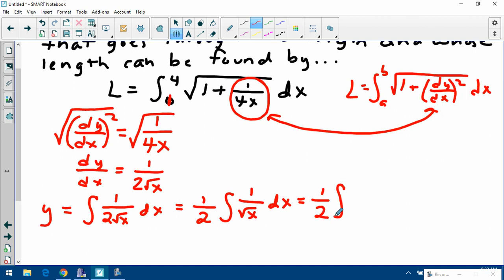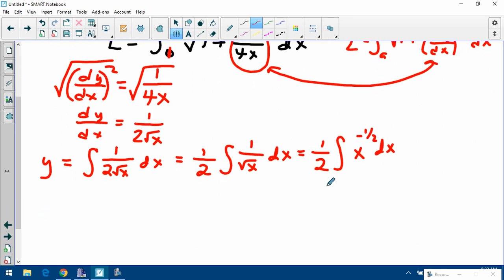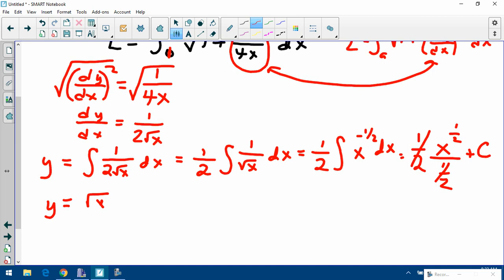So 1 over radical x is the same as x to the negative 1/2 dx, which would be 1/2 x to the positive 1/2 over 1/2, which is going to cancel that out right away. What did I forget though? Plus c. So right now I have y equals x to the 1/2, which is the same as radical x, plus c.